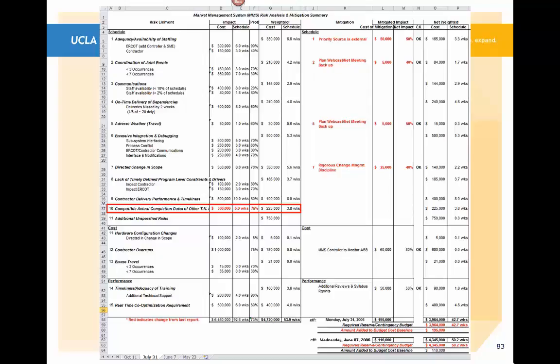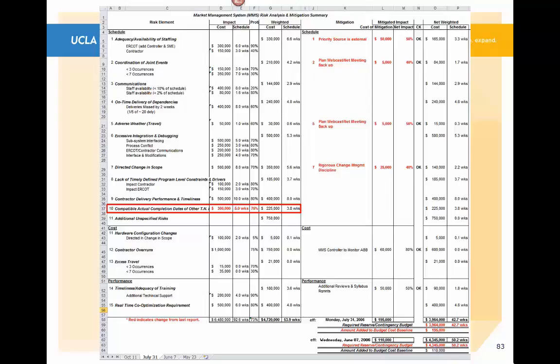We had a situation where the completion dates would not be compatible between the project and the customer's efforts. We actually found out by now, within a month and a half, that that would become a problem, and it was going to be more significant, and that risk effort went up.